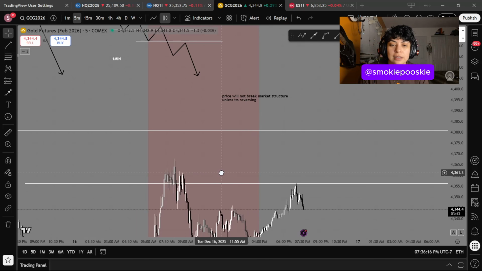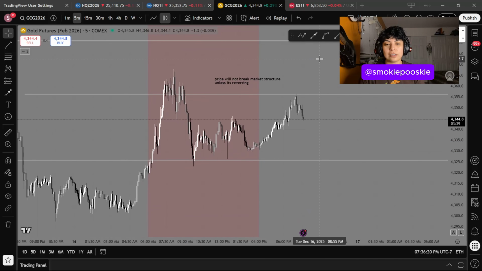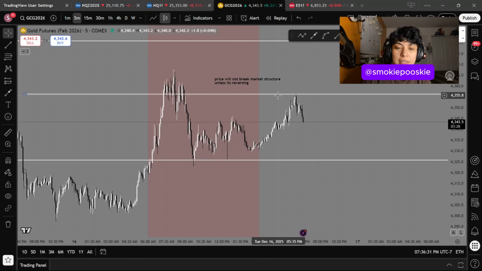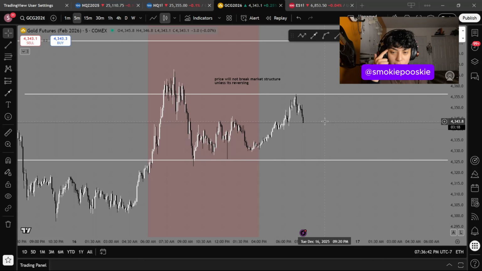So this right here is valid. We can now start using ICC on the 5 minute chart, because we're going to be entering on the 1 minute chart. These levels are also going to be targets for us, and they're going to let us know that price reacts here on the higher time frame.